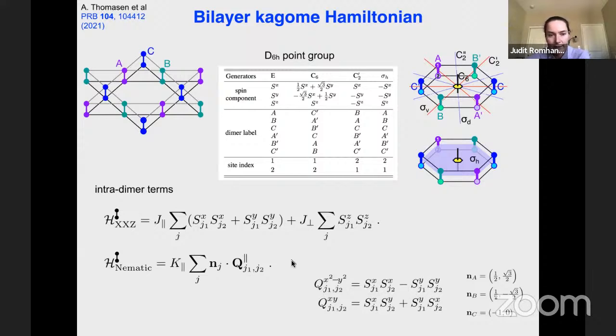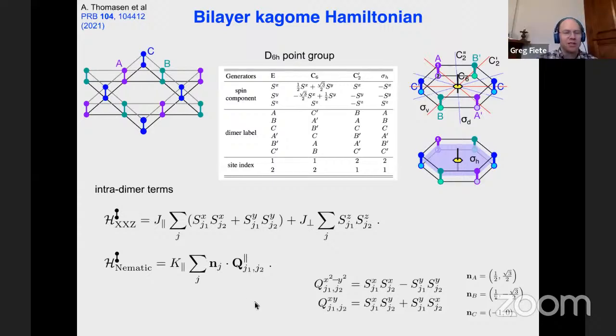The j index runs through the dimers here, and 1 and 2 correspond to the top and the bottom layer in this dumbbell. This perpendicular symbol just means that these are the quadrupoles that involve the in-plane spin components, the Sx and the Sy component. And then we have these symmetric combinations of these Sx and Sy operators for this dumbbell here.